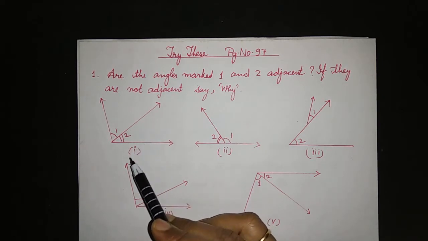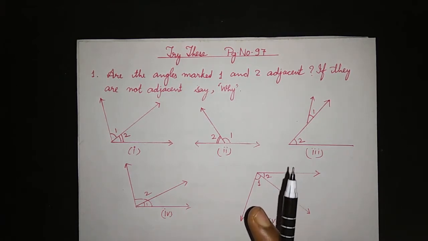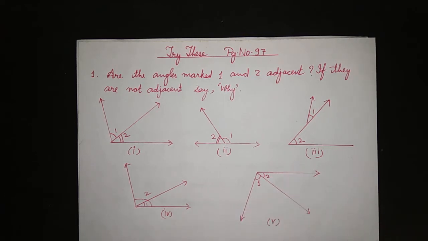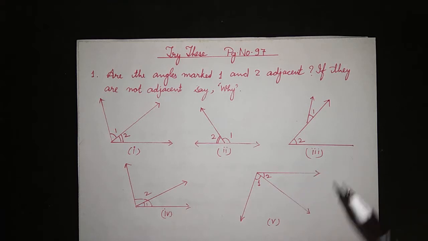But before seeing the first part of the question, I want to tell you about adjacent angles. Two angles are adjacent when they have a common vertex, a common arm, and two non-common arms on either side of the common arm.